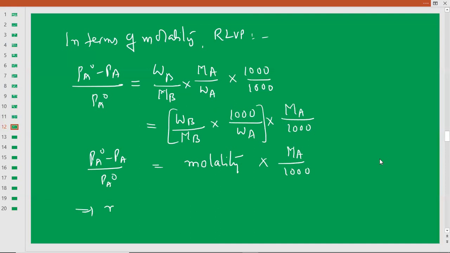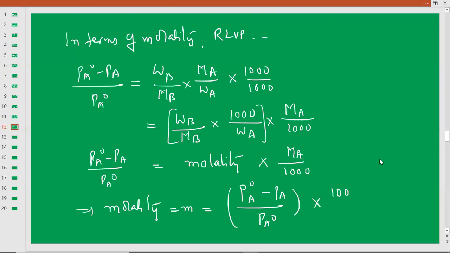What is molality? Molality, that is small m, is equal to (PA naught minus PA) by PA naught multiplied with 1000 and divided with molecular weight of solvent.